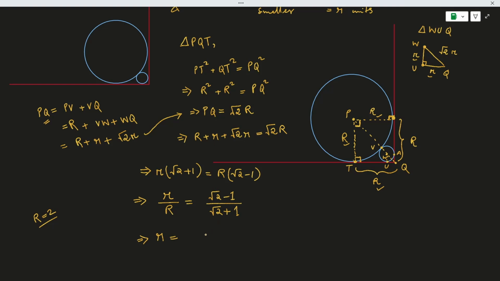So root 2 minus 1 whole square will give me 2 plus 1, 3 minus 2 root 2, and I have to multiply this by capital R. And what is capital R? Capital R is 2. So this will be 6 minus 4 root 2 units. This is the radius of the smaller circle.